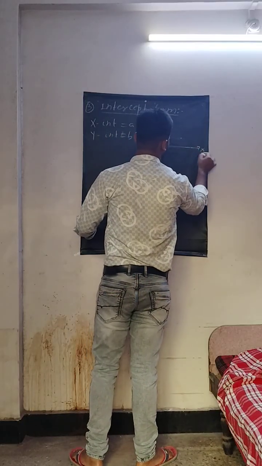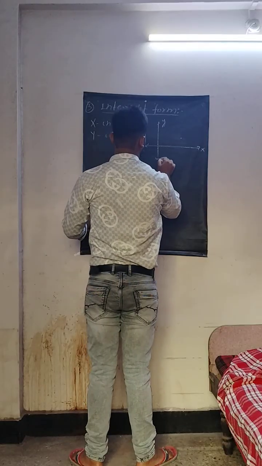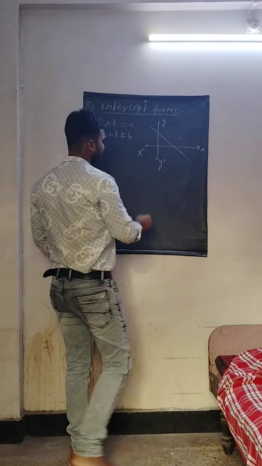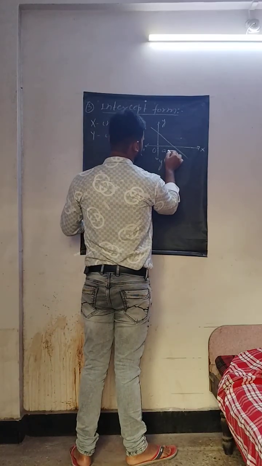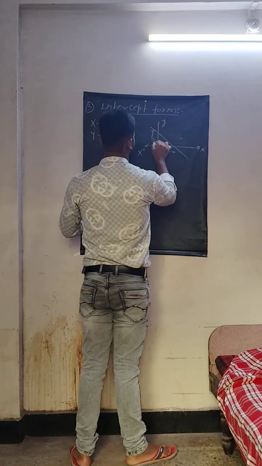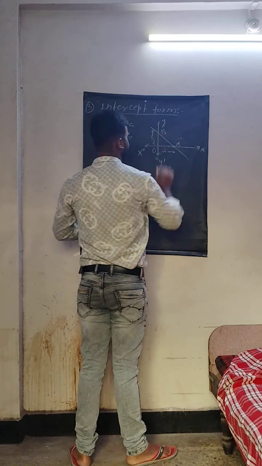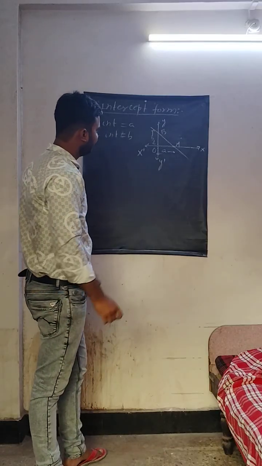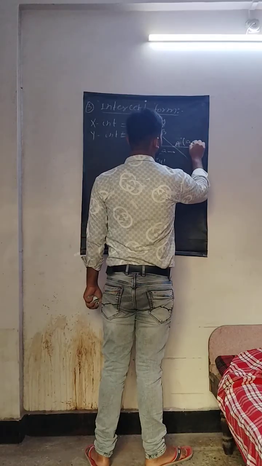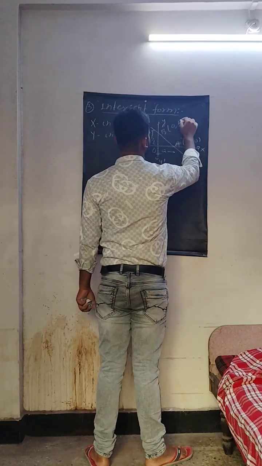This is the x axis, y axis, x dash and y dash. Here the x intercept is A, then the origin, and the y intercept is B. So this point is A and this point is B. The coordinate of point A is (a, 0) and the coordinate of point B is (0, b).